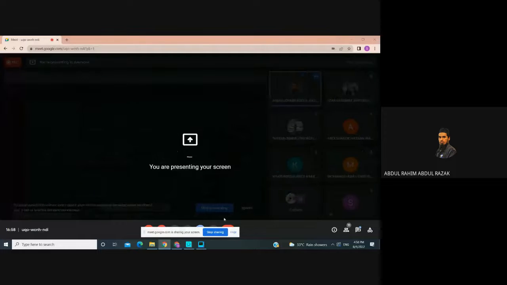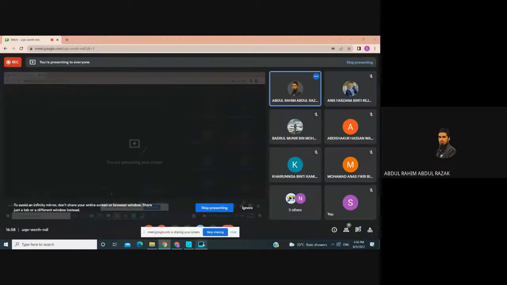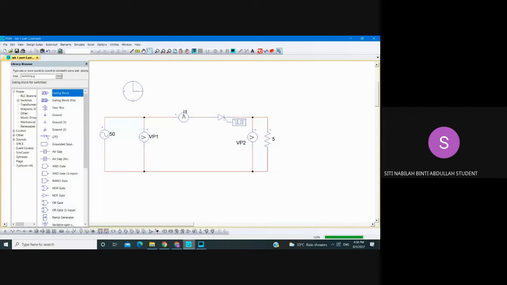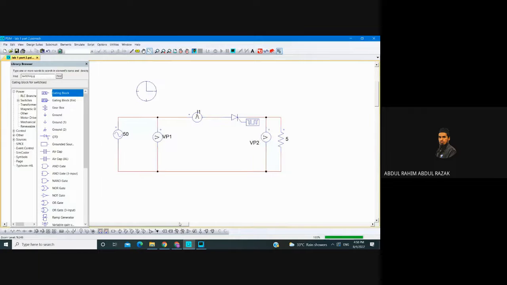Okay, next group. Siti Nabilah and Nurul Nabilah. Okay, Siti Nabilah. Okay, is this drawing correct?